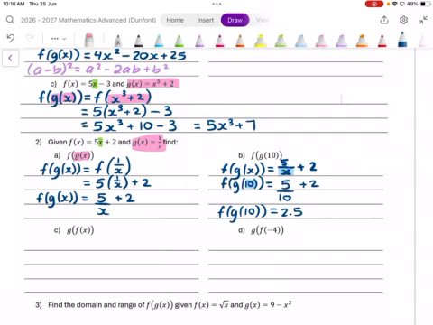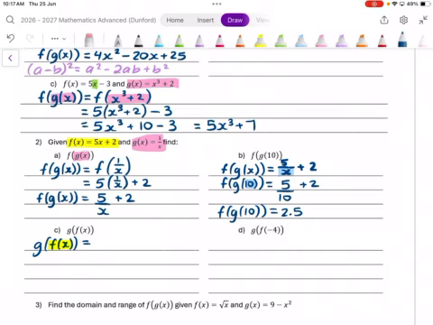Okay, now for C we want to find g of f of x. So this is slightly different. It's just swapping spots, okay? What this means is we will be replacing our f of x with 5x plus 2.